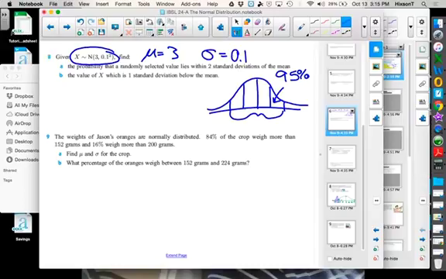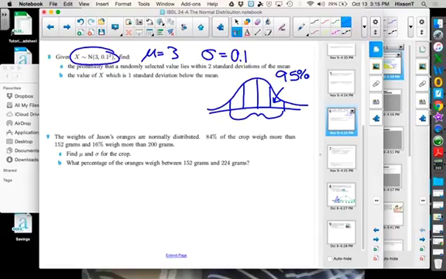And then, what is the value of X that's 1 standard deviation below the mean? If our mean's at 3, 1 standard deviation below the mean. 2.9, okay?